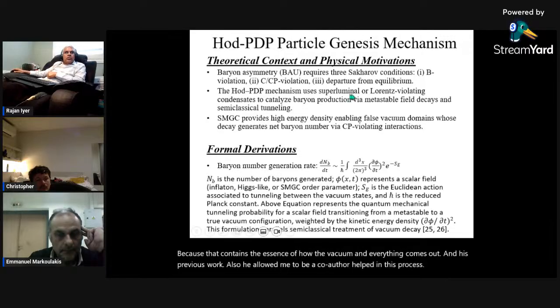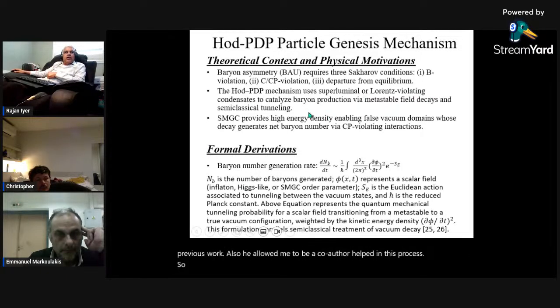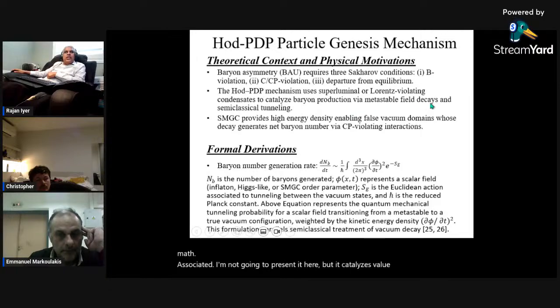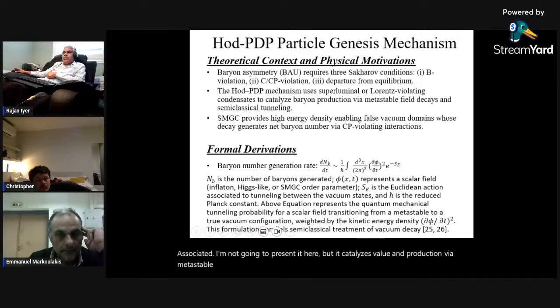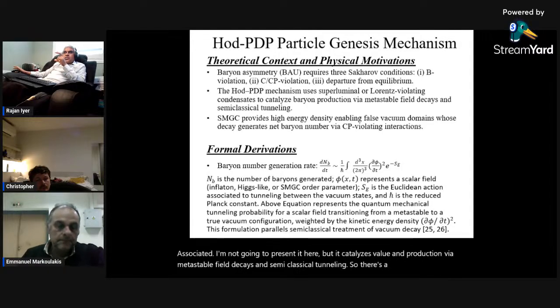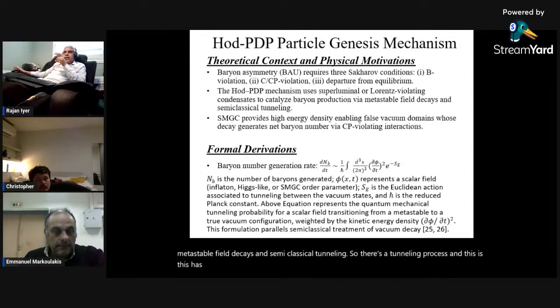So it uses a superluminal Lorentz violating condensates, and I go into details about the math associated with that. I'm not going to present it here, but it catalyzes baryon production via metastable field decays and semi-classical tunneling. So there's a tunneling process, and this has been proved that the tunneling can occur.